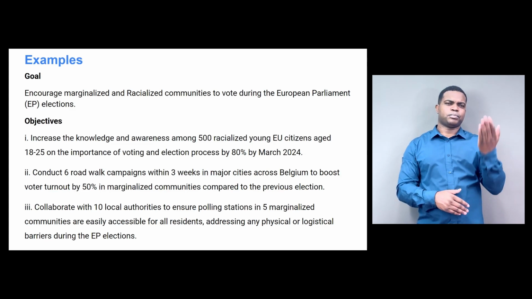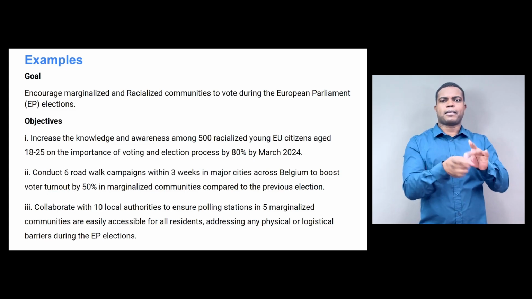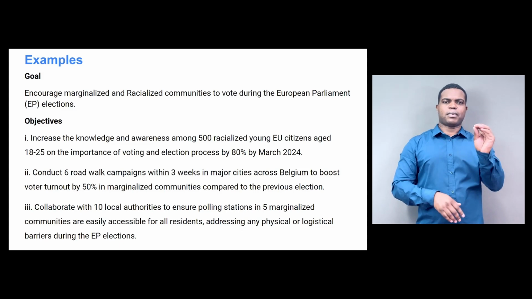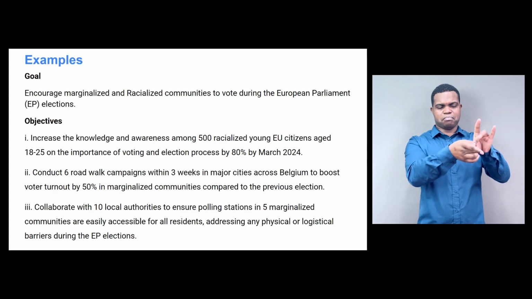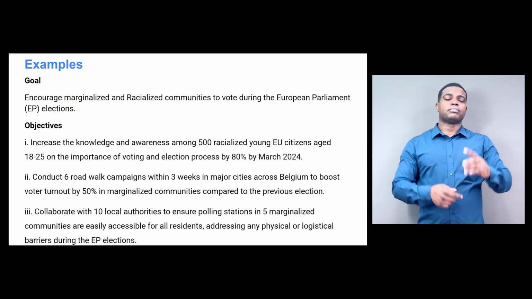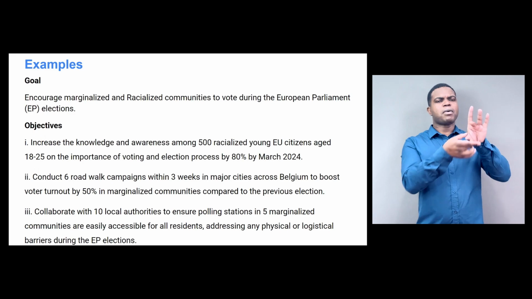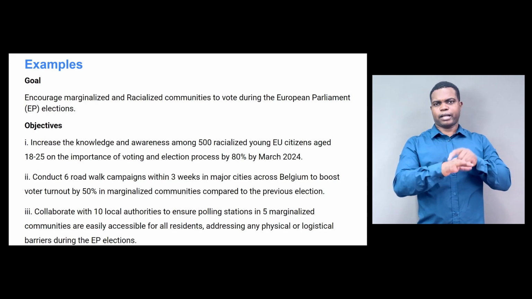So I didn't talk about time bound in the first objective. Since the first objective has a specific timeline, by March 2024, that means it is time bound. For the second objective, the time bound is the 3 weeks here.